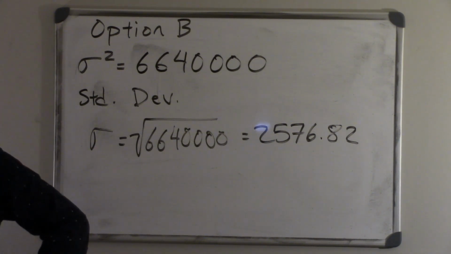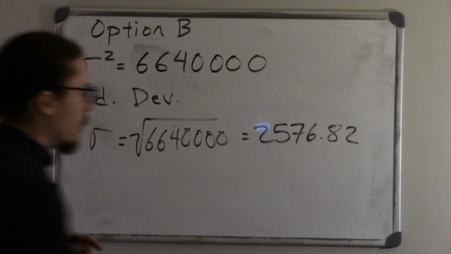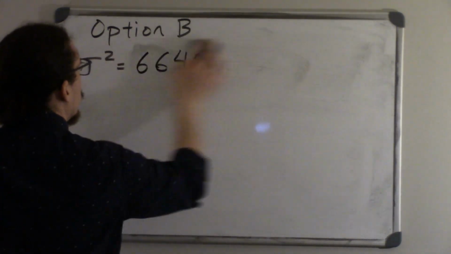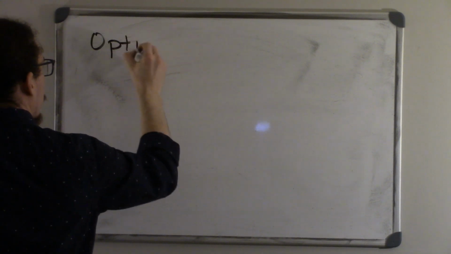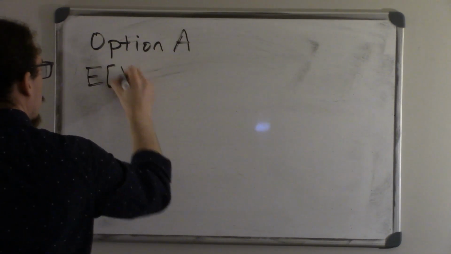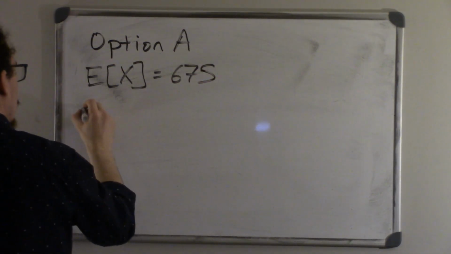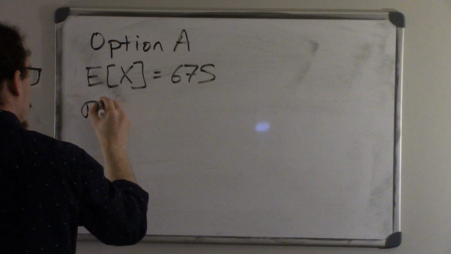All right, so once we've got all of that, we might want to consolidate some of this information. We're going to go ahead and write down the key results from option A and option B. For option A, our expected value was 675.